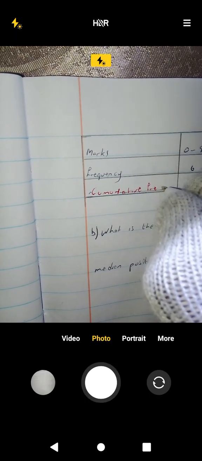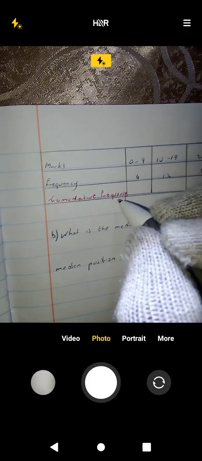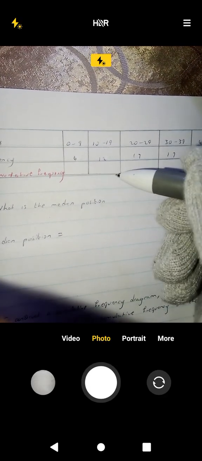Sorry, my spelling. Cumulative frequency. So it's a row of cumulative frequency, and in this row we shall actually count the frequencies. Like we've said, a cumulative frequency is just a way to count the frequencies.